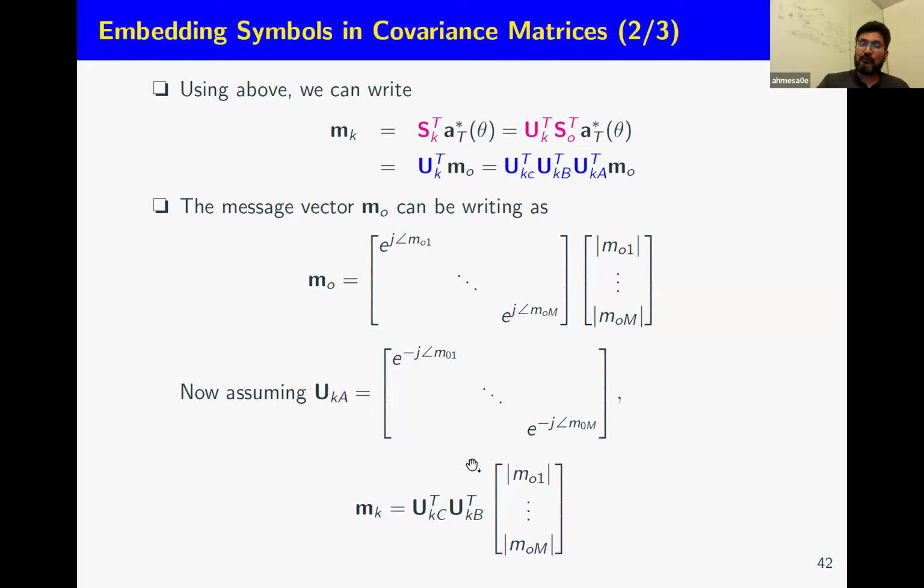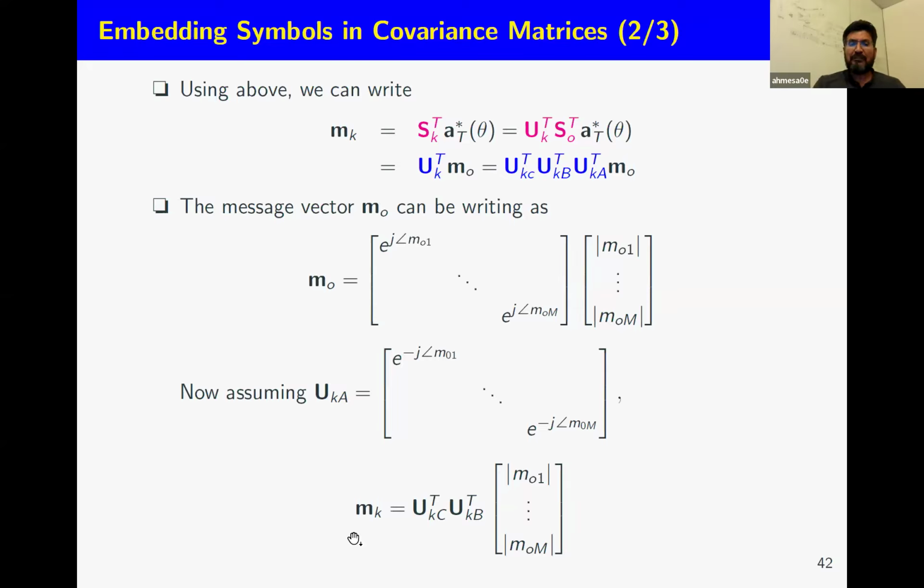What will be remaining? m_k will be equal to U_kC, U_kB, and only the amplitude part will remain, since this part cancels with U_kA. Remember that U_kA is a unitary matrix. Now we have to find U_kB and U_kC. They should be unitary matrices, but they should give me m_k on the right-hand side.